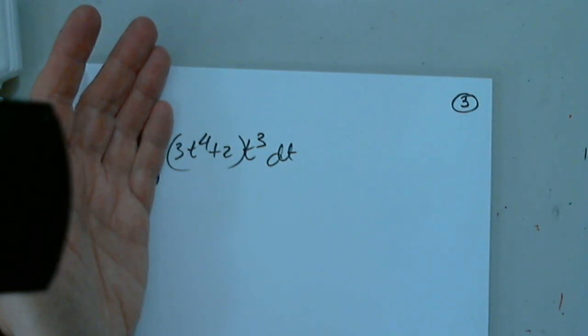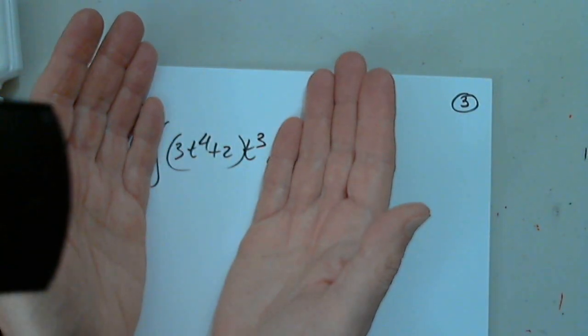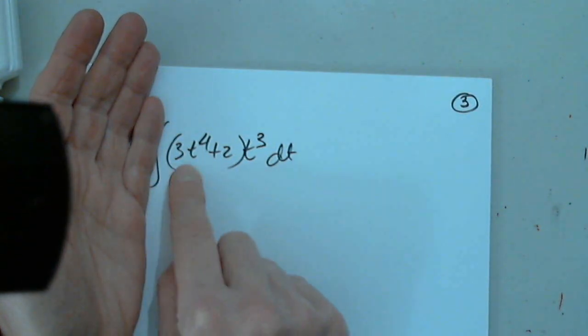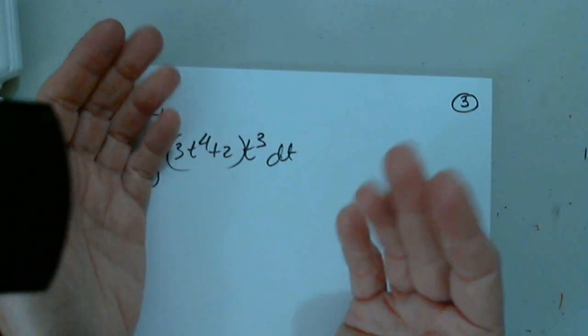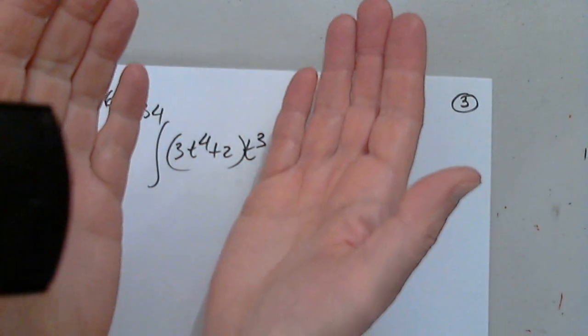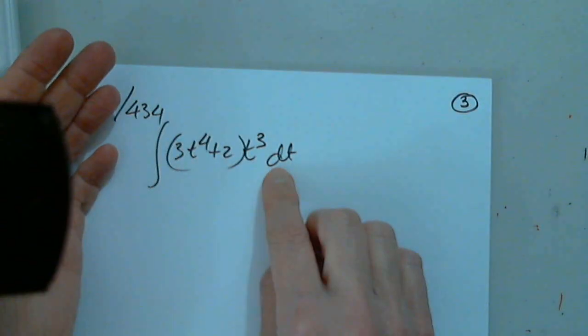There was no power on the parentheses. That's fine. So for this particular situation, you don't even need to use any substitution. Why? Because you distribute: 3t to the 7th plus 2t to the 3rd, and you're done. Assuming we want to use a substitution, let's just look at the function. So this is the integral of the function dt.